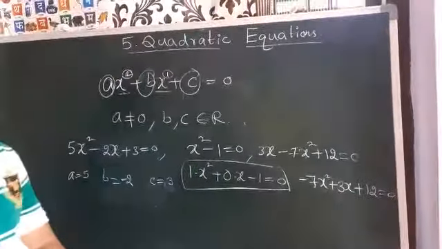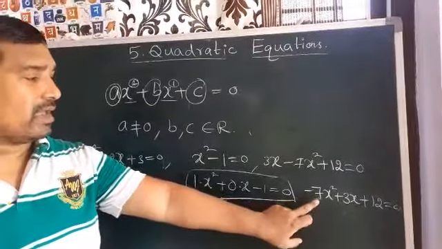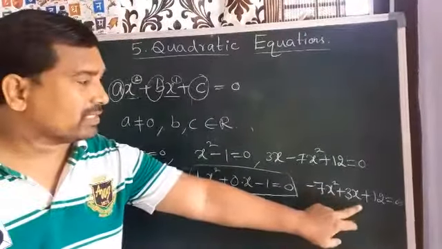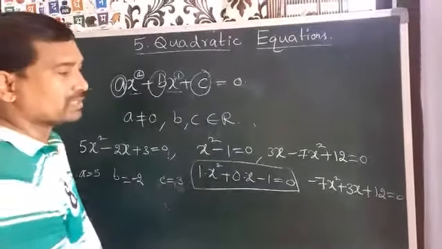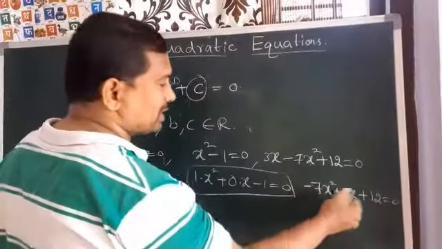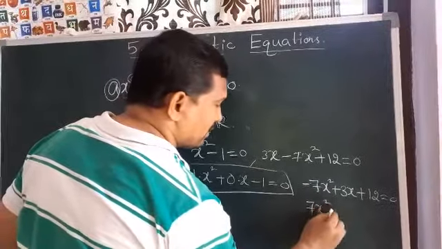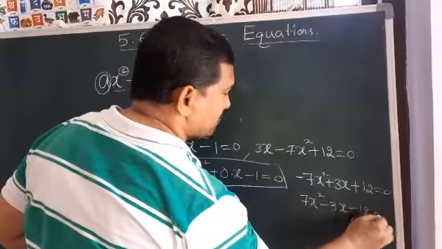Whenever we are writing any expression, any equation, we set first term as a positive term. So by multiplying with minus, then the first term negative symbol will be changed as a positive. When multiplying with minus, the symbols will be changed. Minus into minus plus. 7x square minus into plus minus 3x minus 12 equals 0.